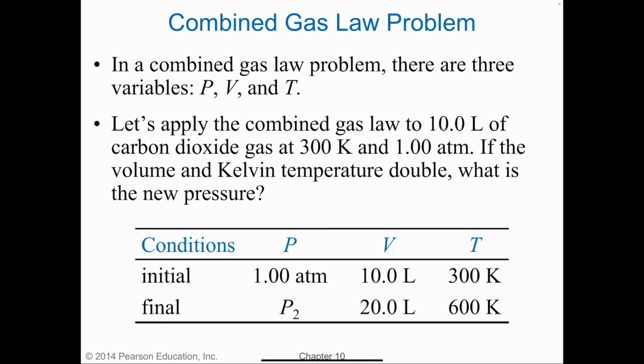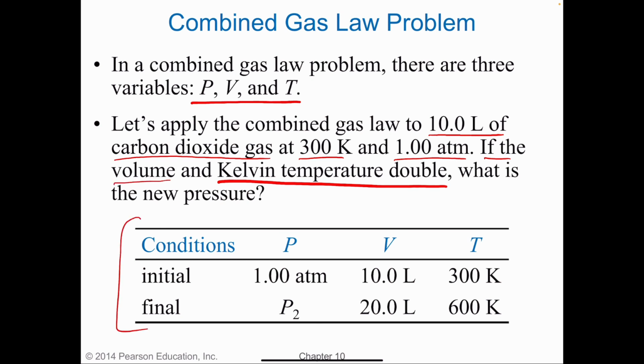But let's do an example. We've got all three variables, pressure, volume, and temperature, to consider. Let's say we've got 10 liters of carbon dioxide gas, at 300 Kelvin and 1 atmosphere. Then they ask, what happens if the Kelvin temperature doubles and the volume doubles?